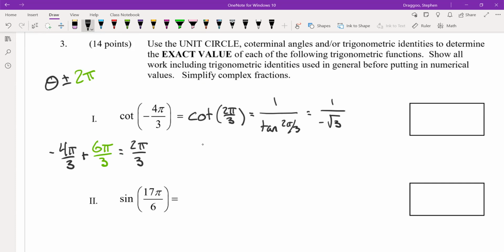And then I'll rationalize that number. So multiply by root 3 over root 3. Why don't we actually put that in another color? And then that simplifies to negative square root of 3 over 3.